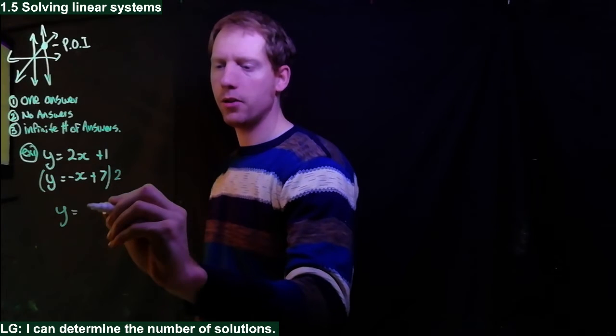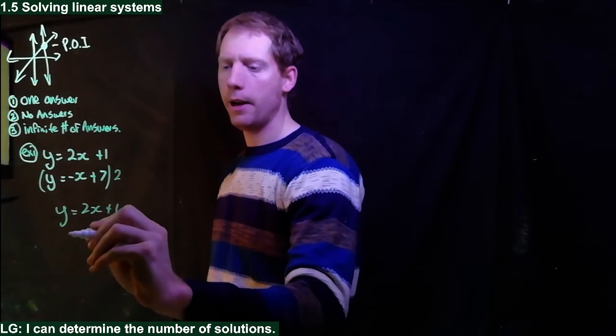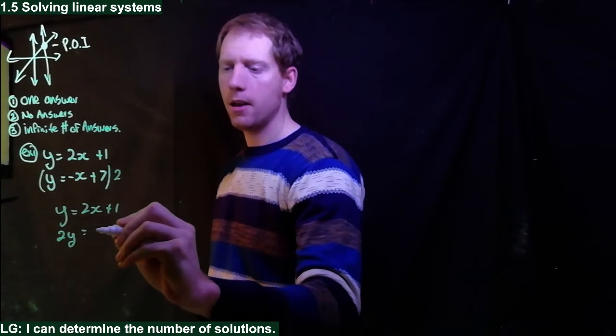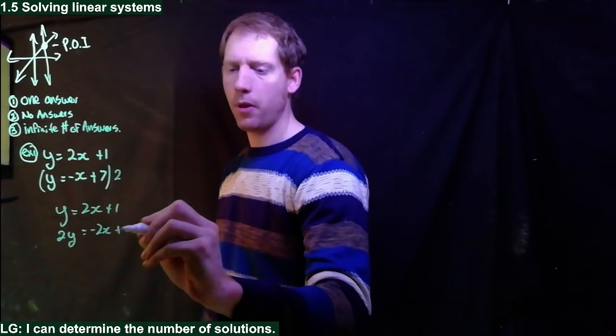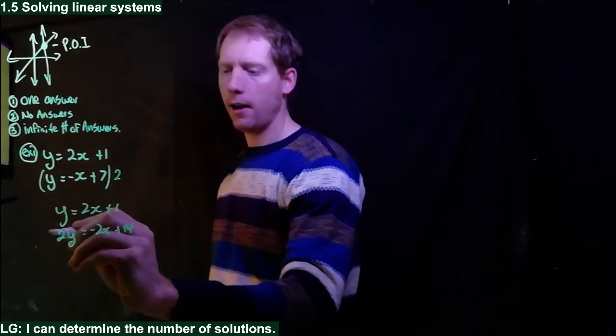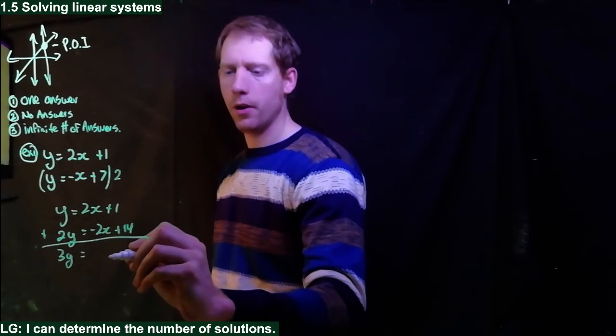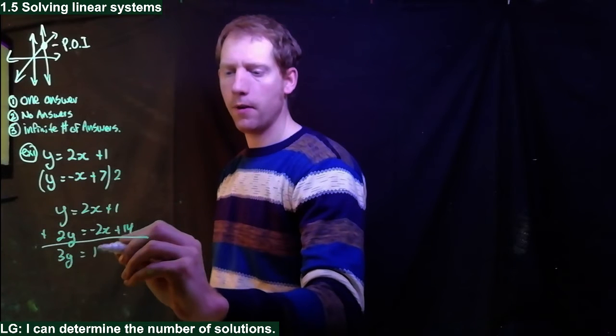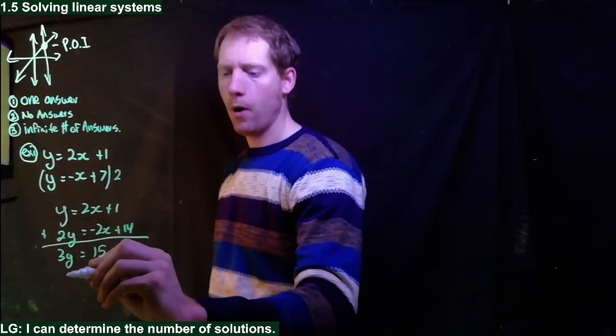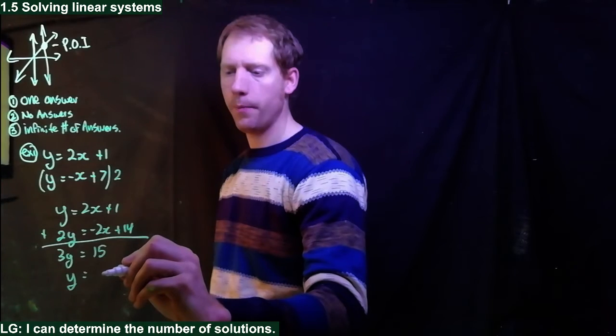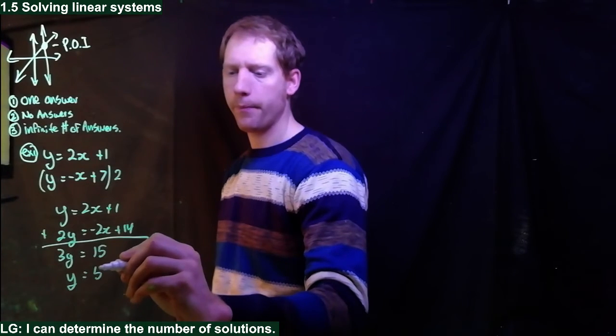So I have y is equal to 2x plus 1, and we have 2y is equal to negative 2x plus 14. I'm going to add them up. 3y is equal to 15. Y is equal to 5.